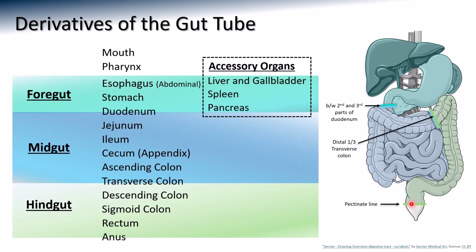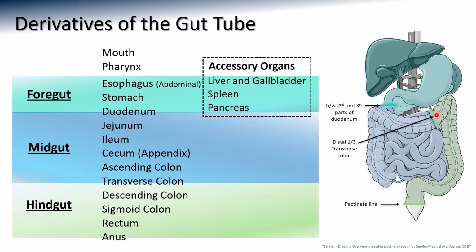So you can see that the organs do stay in generally the same position. The foregut begins at the esophagus and continues down through about halfway through the duodenum. Okay, so it changes right here between the second and third parts. From there, the midgut is going to extend through the rest of the duodenum, jejunum and ileum that make up the rest of the small intestine, cecum, ascending colon, and 2/3 of the transverse colon.